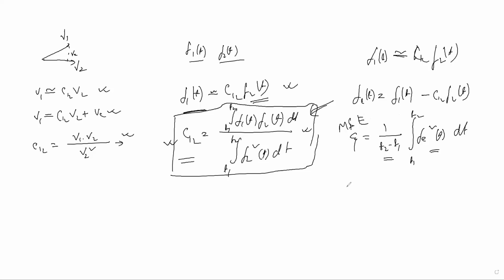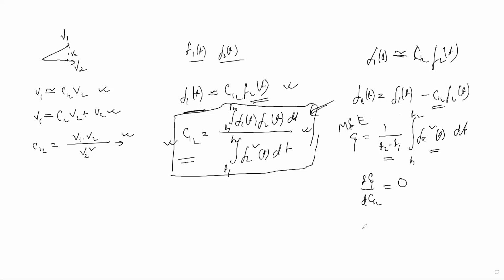After that, since this C12 represents the minimum error in this equation, how will we get C12? By differentiating epsilon with respect to C12 and equating it with 0.